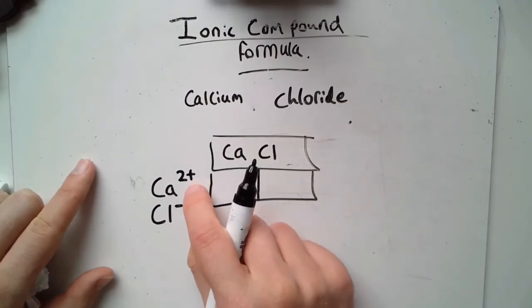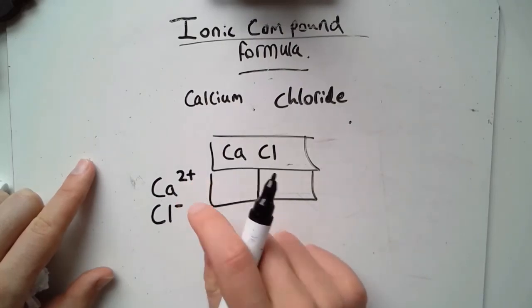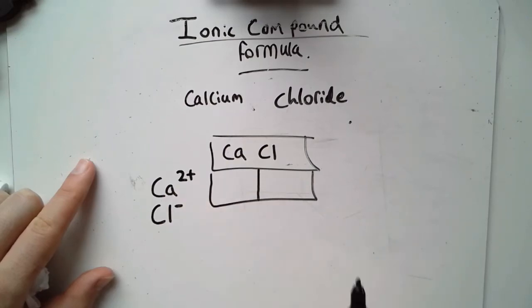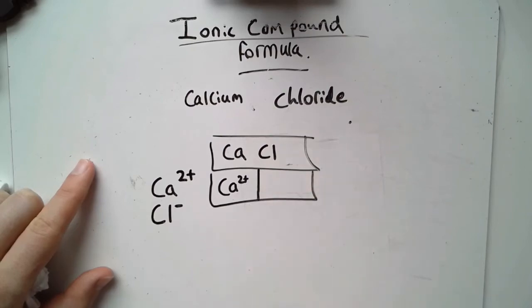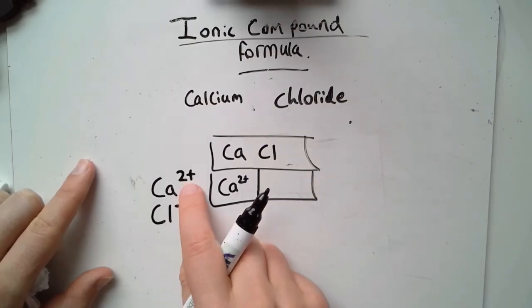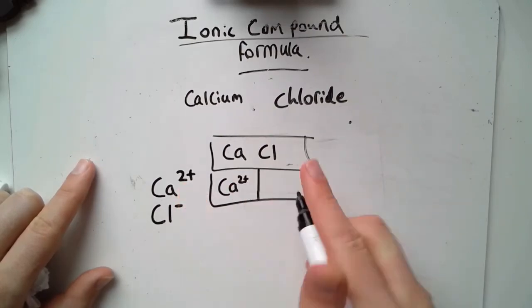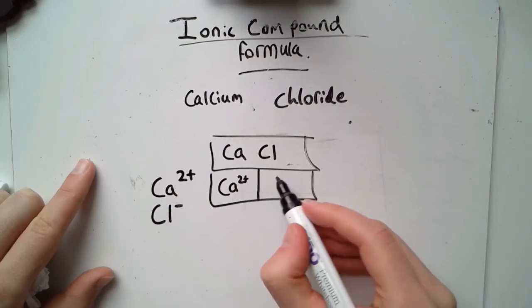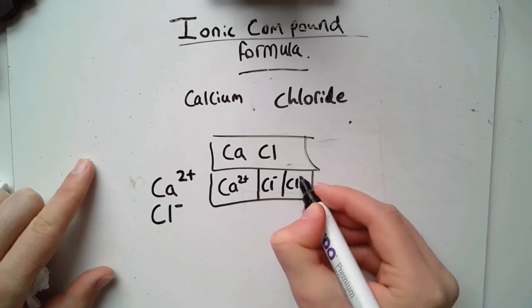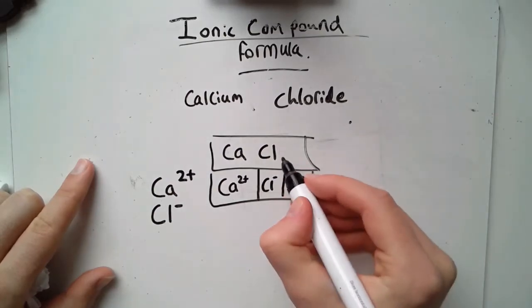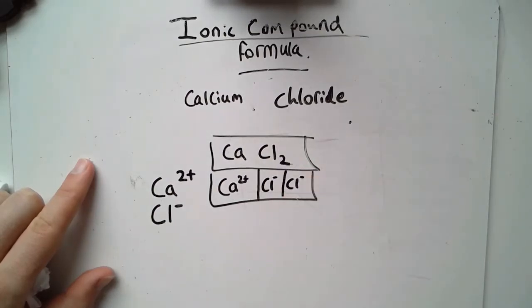Now Ca2+ is a larger charge than Cl-. So I'm going to write this one in the box first, Ca2+. Now if the charge on this is 2+ and the charge on each one of these is 1-, to cancel out that 2+ charge I'm going to need 2 negative chloride ions, like that. So I know the formula for this compound is going to be CaCl2.